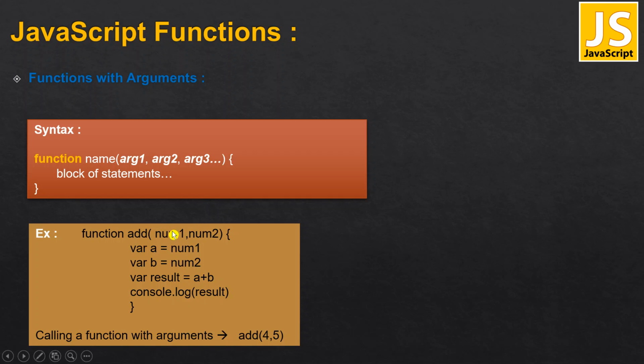That is the meaning of these two parameters, right? In the function definition itself I am defining add with 2 numbers in this parentheses arguments list, so it will accept 2 numbers from the user at the time of calling.